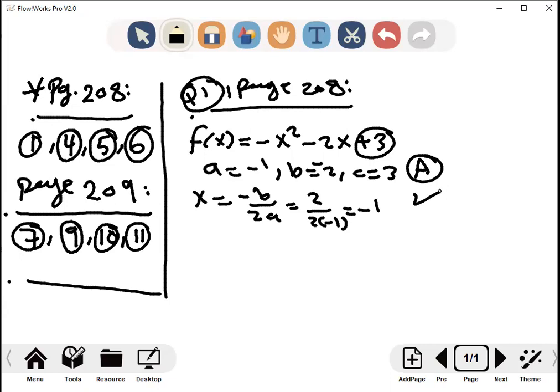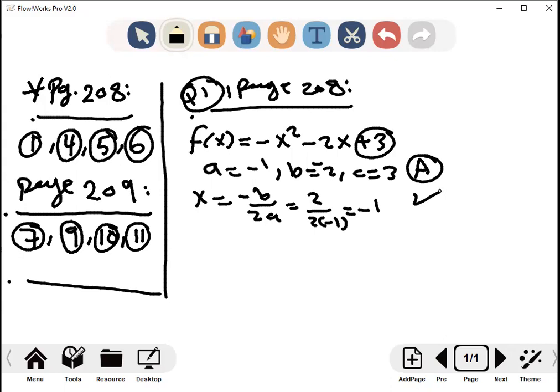Remember, what do we call them in the graph? X-intercepts, right? So what are the x-intercepts in the graph of question 4? Negative 2 and 3. Select negative 2 and 3, because you have two intercepts.